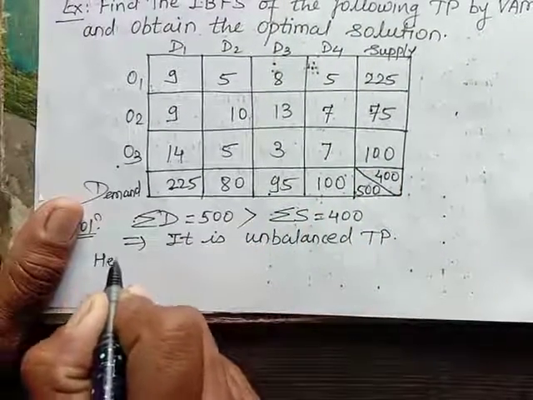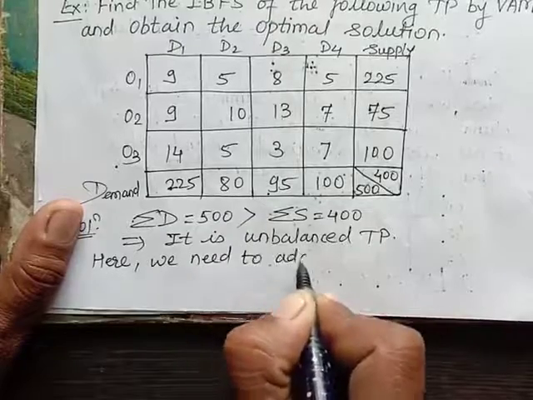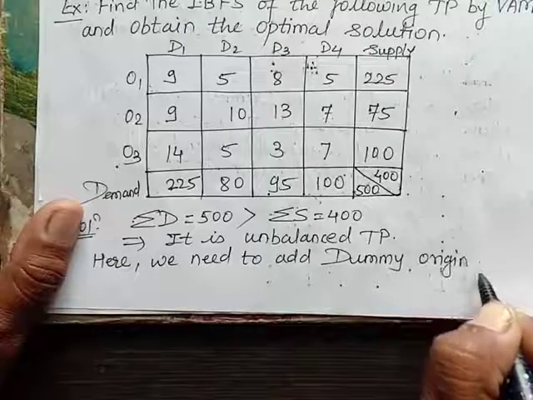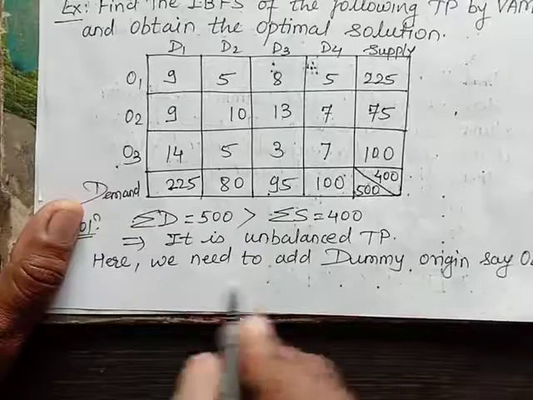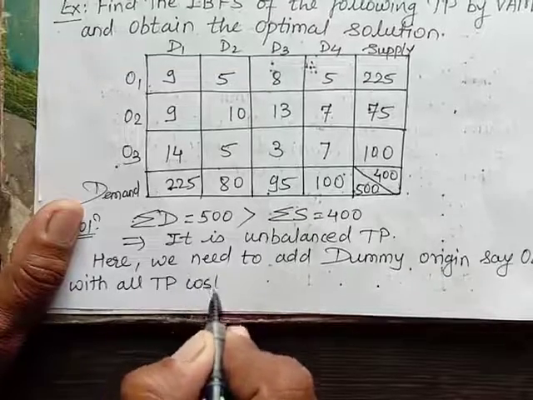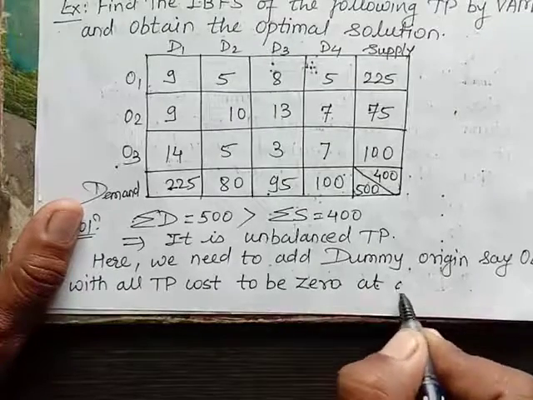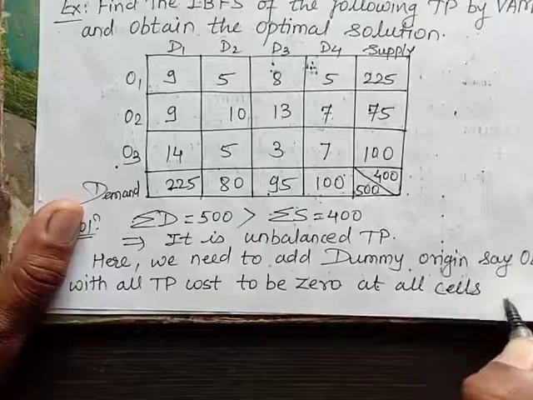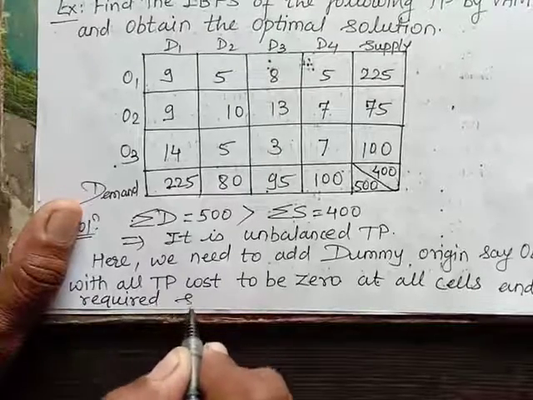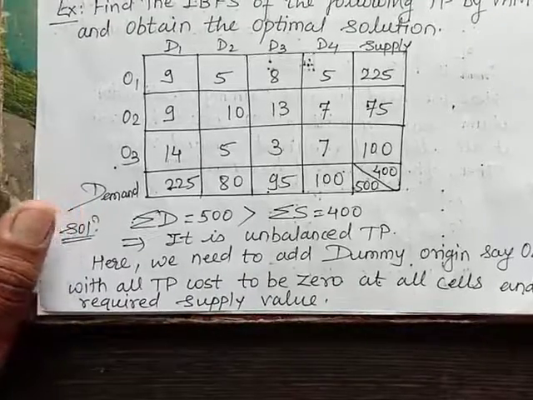So here we need to add a dummy origin, say O4, with all TP costs to be 0 at all cells, and the required supply value. Now let's prepare that balanced TP.